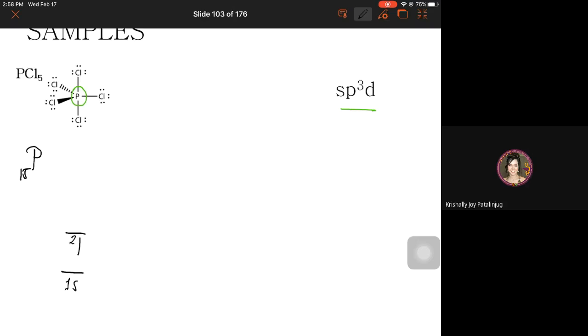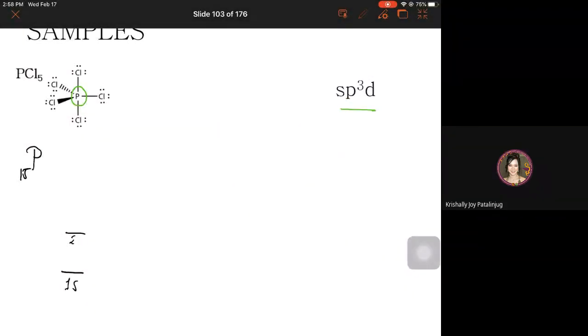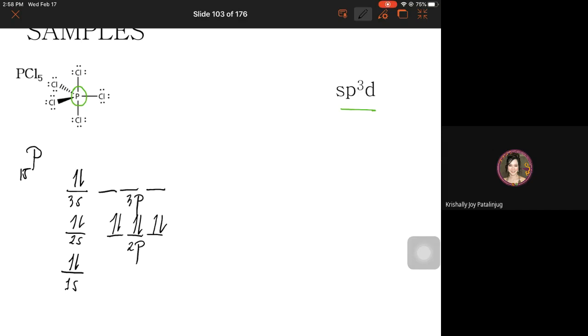We have 2s, 2p, 3s. So 2, 4, 6, 10, 12, and so on.